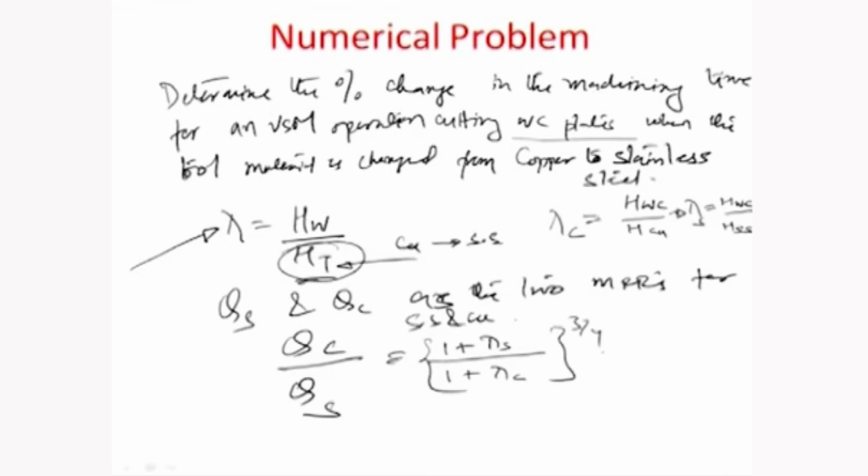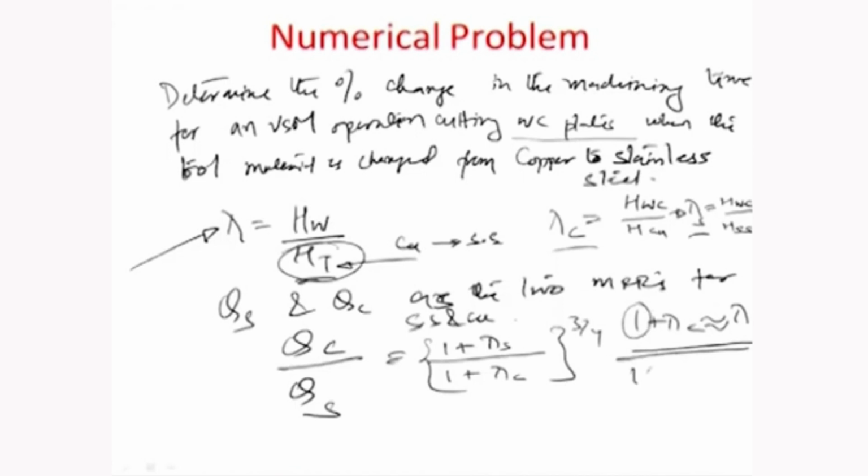Therefore, supposing we consider these two aspects, lambda c and lambda s, in both of the cases, we can find out that both lambda c as well as lambda s are much higher in value than 1. So we can safely assume this 1 to be negligible here.